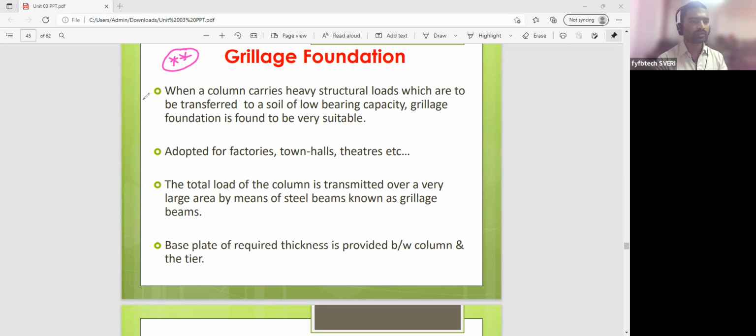When a column carries heavy structural loads which are to be transferred to a soil of low bearing capacity, in that case, grillage foundation is found to be very suitable.